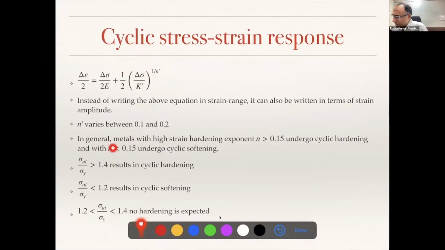Generally for metals with high strain hardening exponent, n greater than 0.15, they undergo cyclic hardening, and with less than 0.15, they undergo cyclic softening. Or if you know the ultimate strength and yield strength of the material, if that ratio is greater than 1.4, that results in hardening. Less than 1.2, softening. If it is between 1.2 and 1.4, neither hardening nor softening is expected.